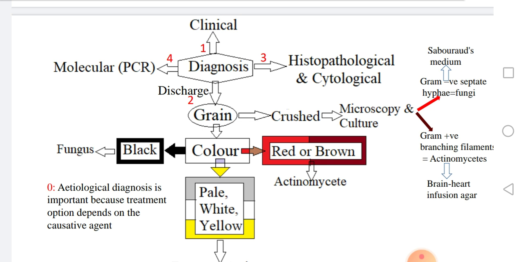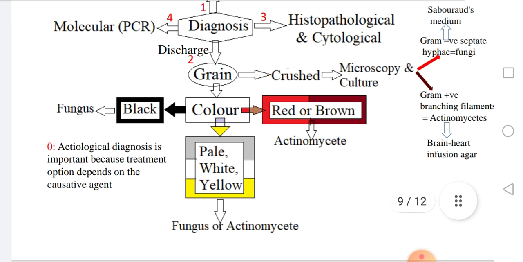So if the color is black, this is caused by a fungus. If it is red or brown, it is caused by actinomycete. But if the color of the grain is pale, white or yellow, this may be caused by a fungus or an actinomycete. So you'd like to know which is which.